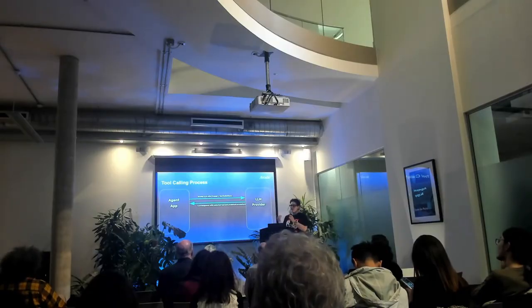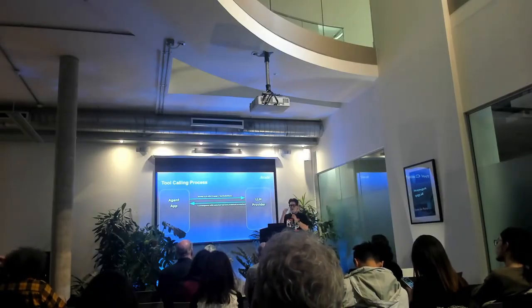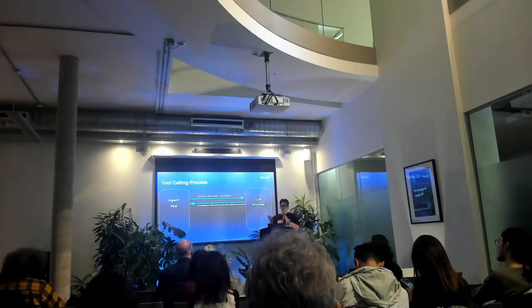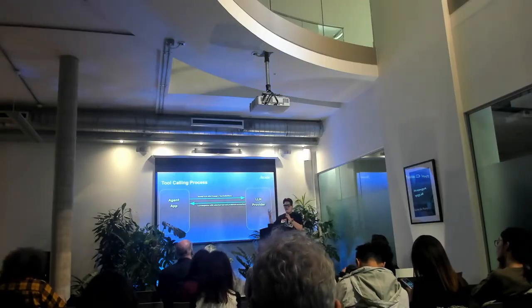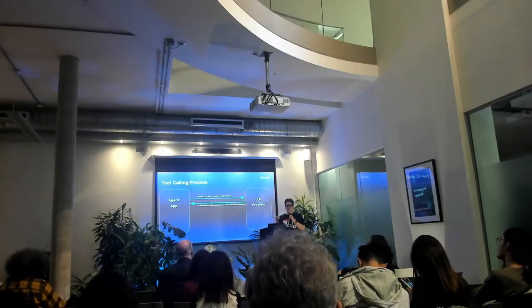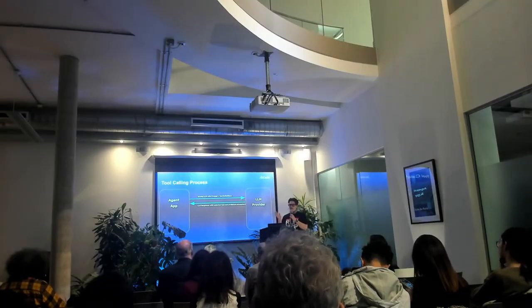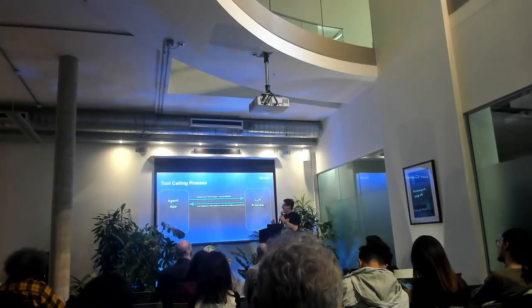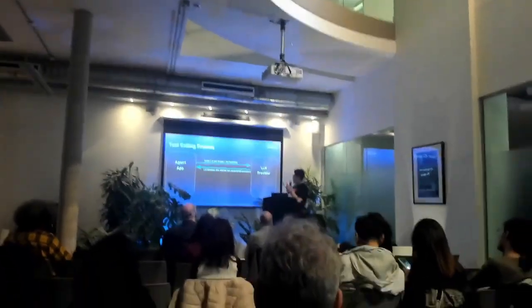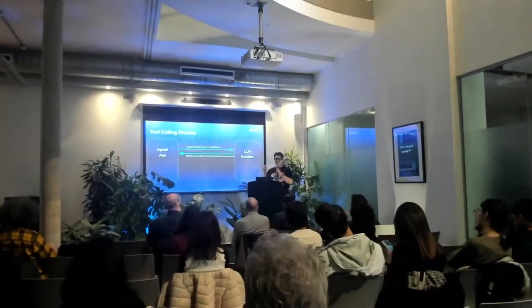I pass it the text that you input, as well as all the definitions of the tools that are at my disposal. That would be web search, that would be Gmail integrations, that would be all the different things. And one of them might be get weather. And then the LLM responds, and it makes a selection.